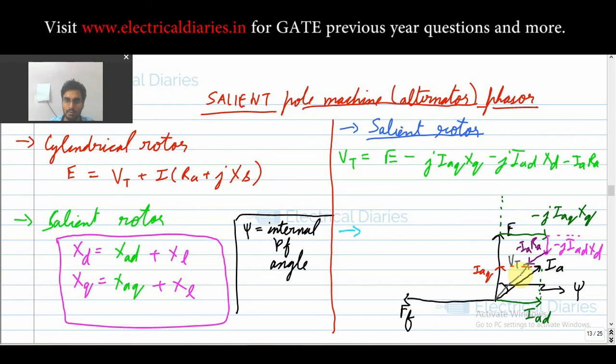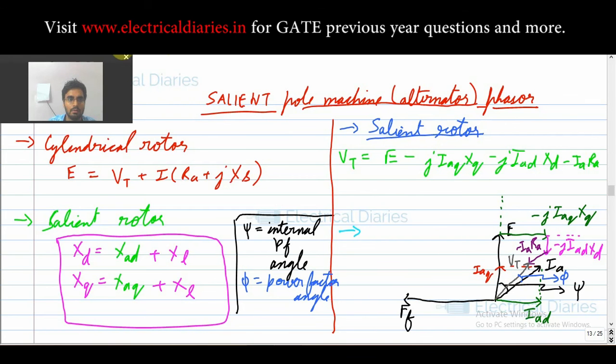Now the angle between the VT and IA is your power factor angle. So this is your phi, and your phi is your power factor angle. And one more angle is your delta, that is between E and VT.